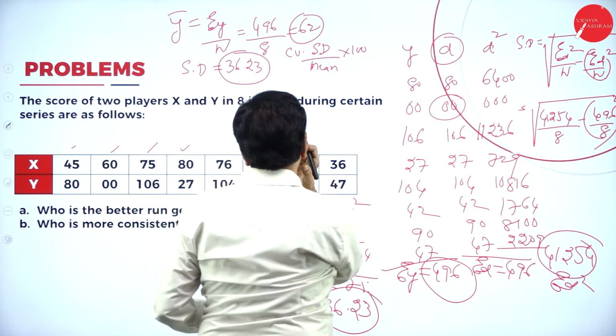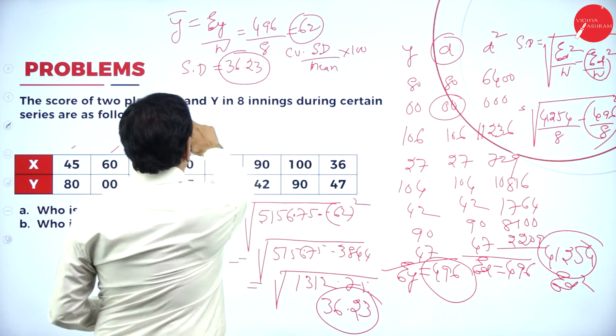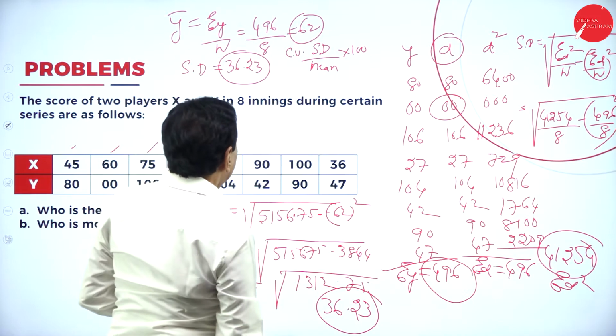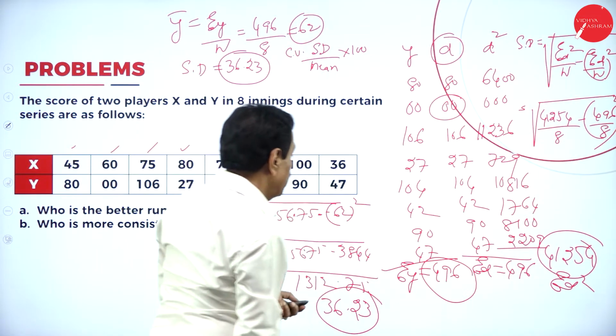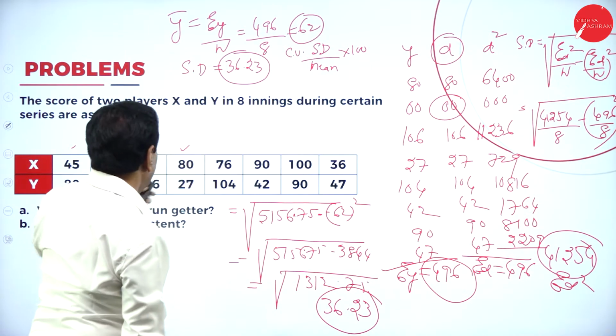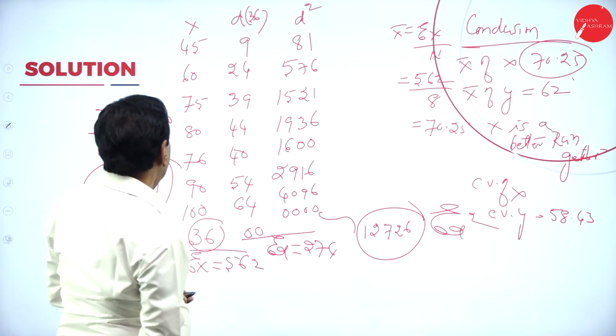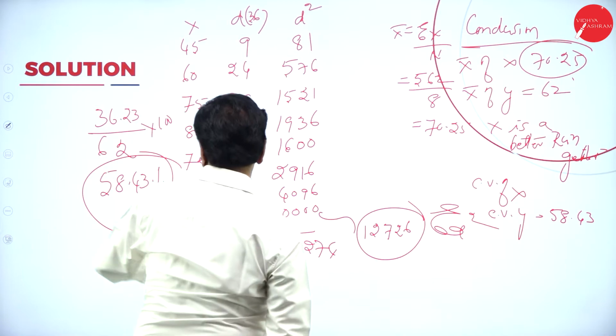If we go to the CV of X, this is the standard deviation. Then you take standard deviation divided by mean into 100.